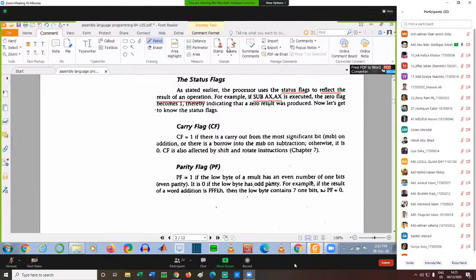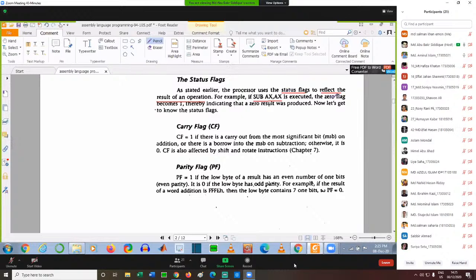So that's why when the result is 0, the zero flag becomes 1, thereby indicating that a 0 result was produced.